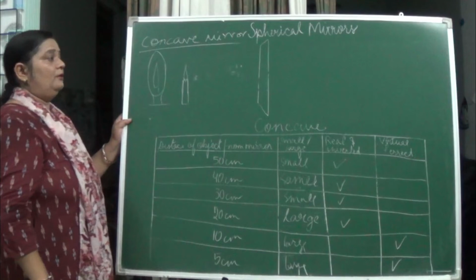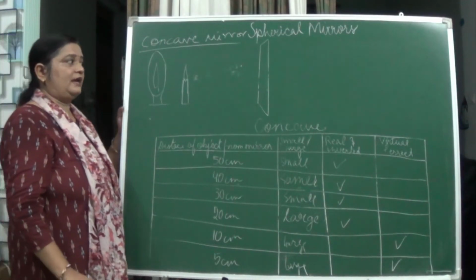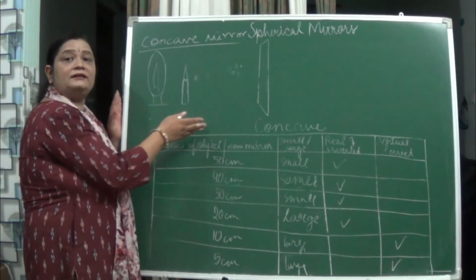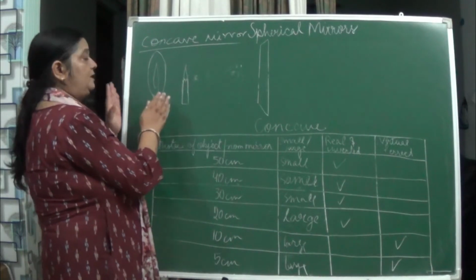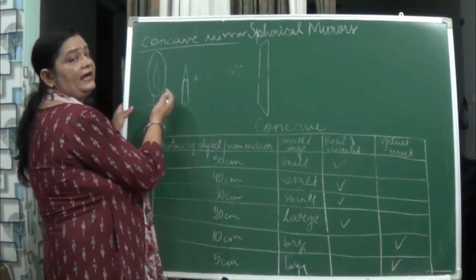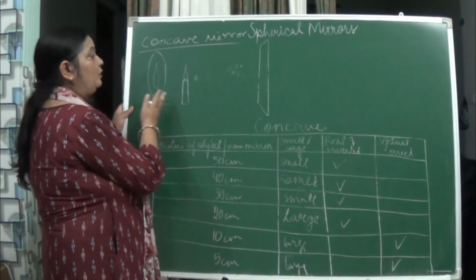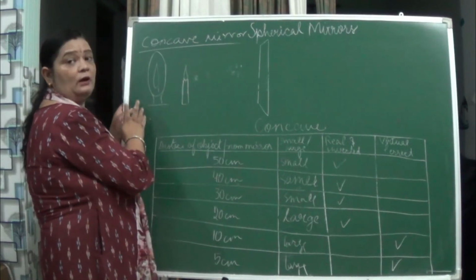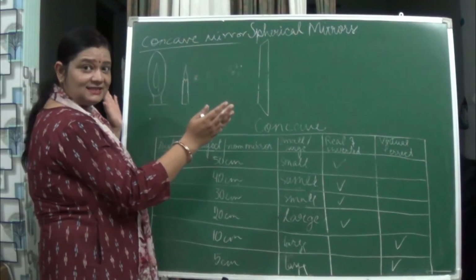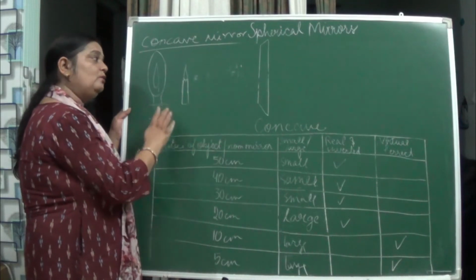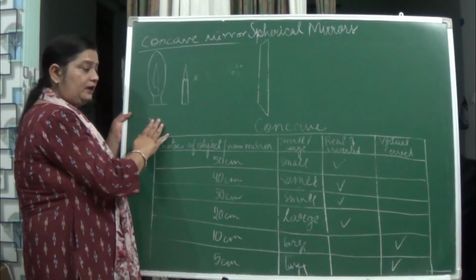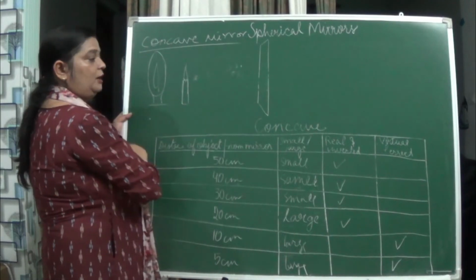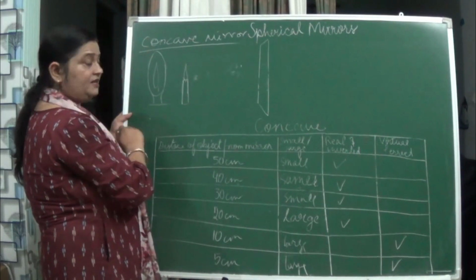So we have studied which type of image will be formed according to the distance of the object, this candle flame. Here you are seeing the light source and the mirror, and at what distance it is. Accordingly you will get the image. If it is too far, you get a small image which is real and inverted.